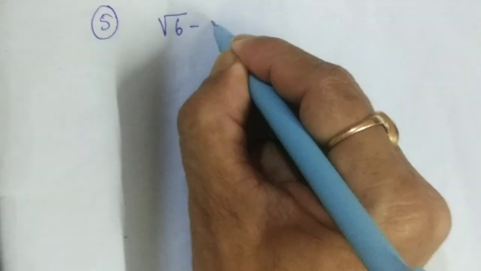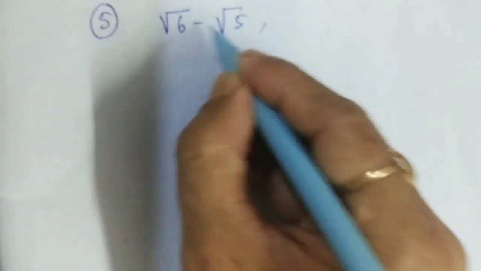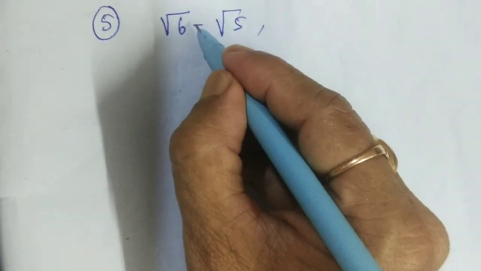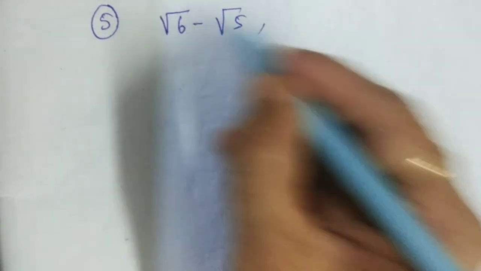Okay. Number 5. If the question is like this. Root over 6 minus root over 5. Here all are minus. Previously all are plus. Here it is minus.